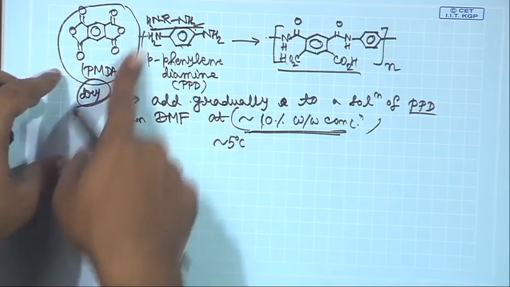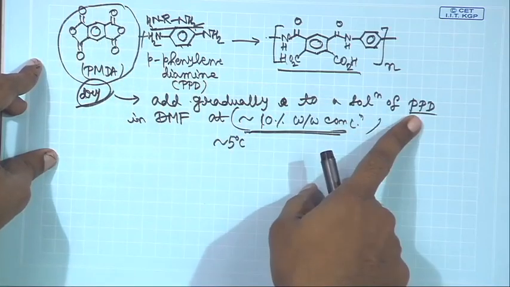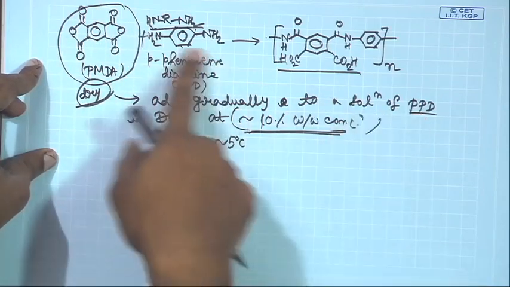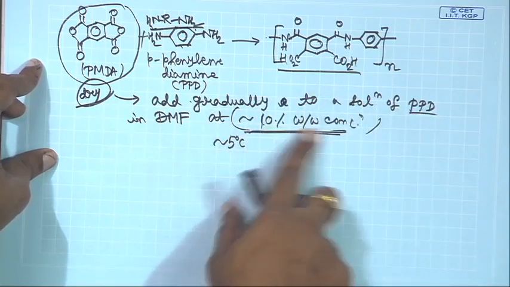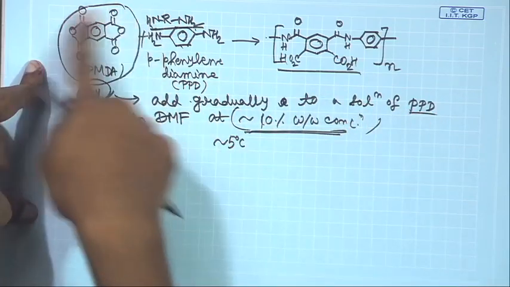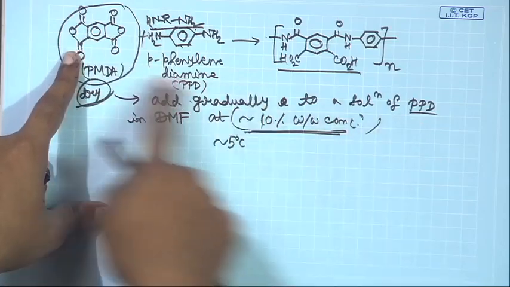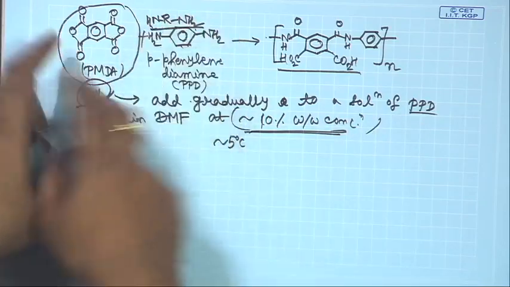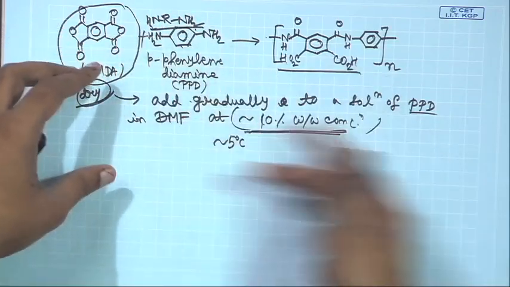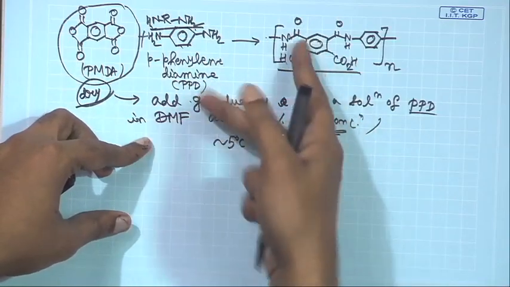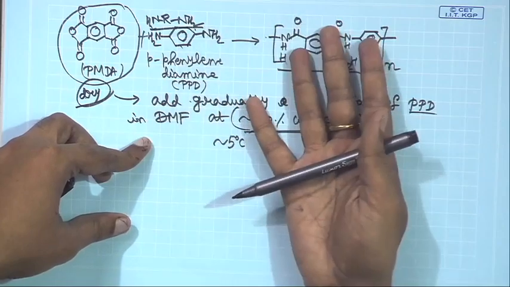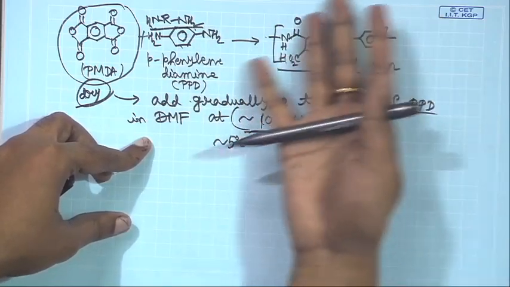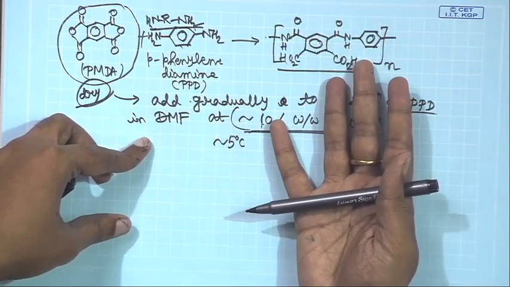So, you weigh it out in exact stoichiometry with respect to a solution of paraphenylene diamine in DMF, and then you add it gradually, and you stir it. The viscosity of the solution will gradually rise, and that will indicate the formation of this polyamic acid, first thing.